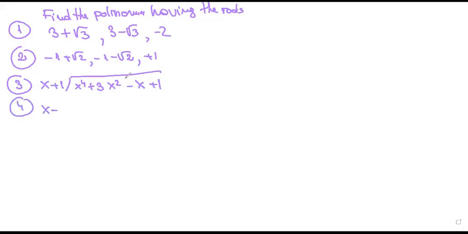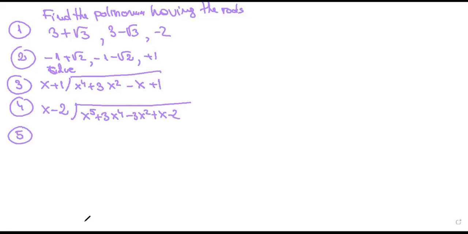Find the remainder or solve: x minus 2 divided by x to the power of 5 plus 3x to the power of 4 minus 3x squared plus x minus 2. 5.